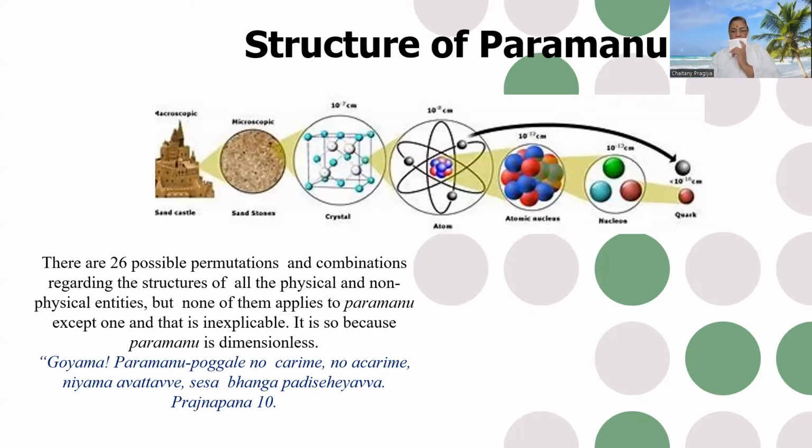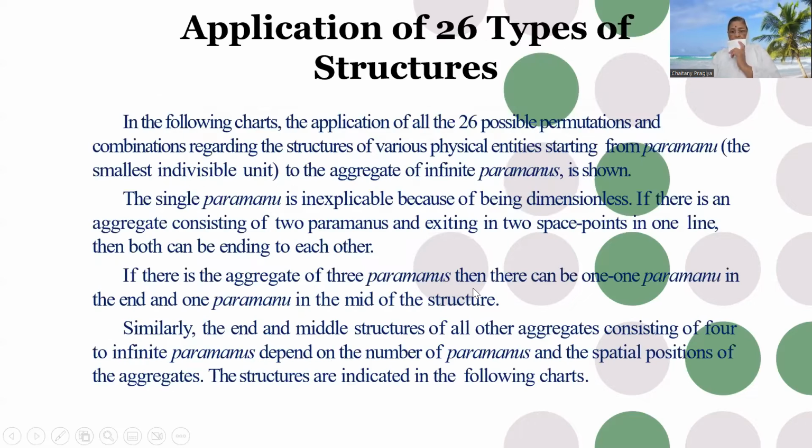So we cannot define what is the ending part of the atom or what is the middle part of the atom. It has no ending and no middle. So it is completely a dimensionless entity which cannot be easily explained through some particular shapes or structure.